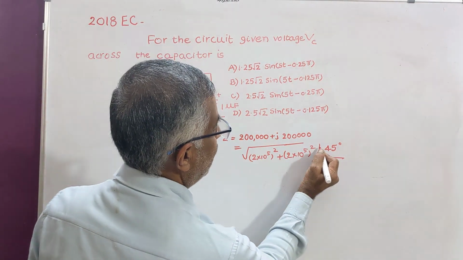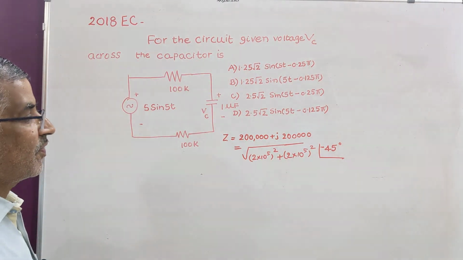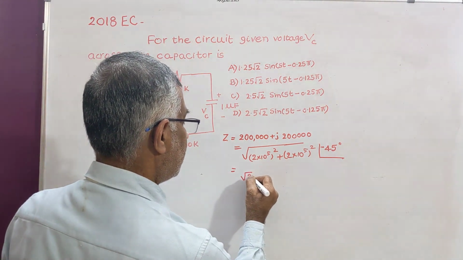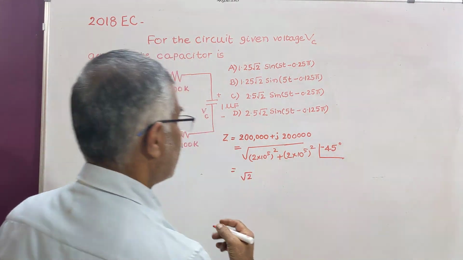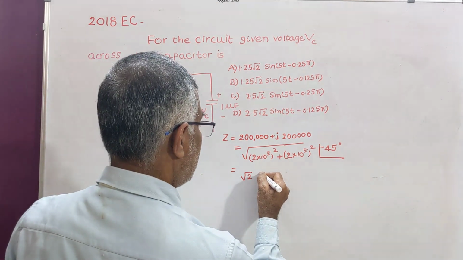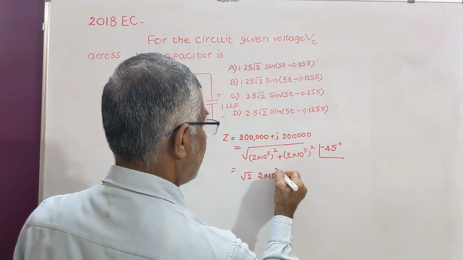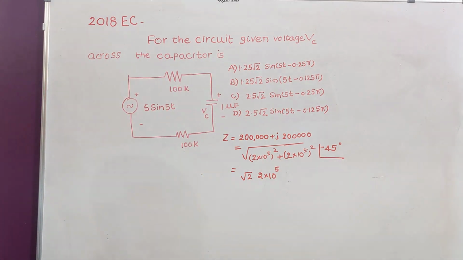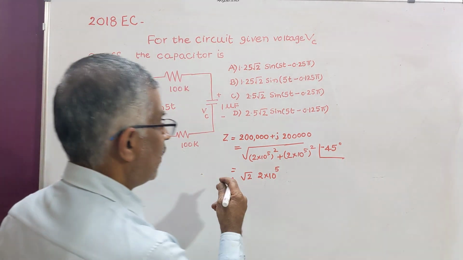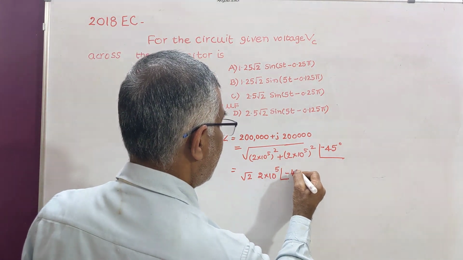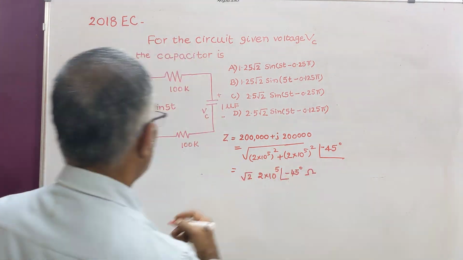And for an RC circuit, impedance is always taken with minus sign. Therefore we get root 2 into 2 into 10 to the power of 5 angle minus 45 degrees ohms.